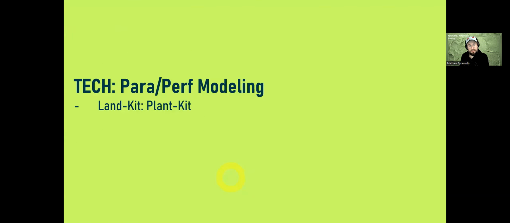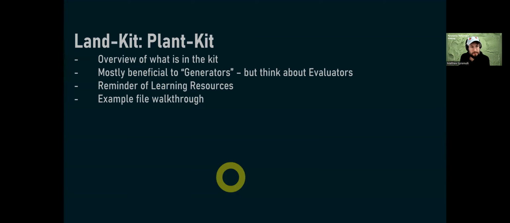So LandKit includes a number of different kits. Today's focus is on Plant Kit. So we're going to take a look at what is in the kit. We'll take a slightly compressed or shortened view because the kit is big, and I'm not going to lie, it's probably too big to go over everything in detail.